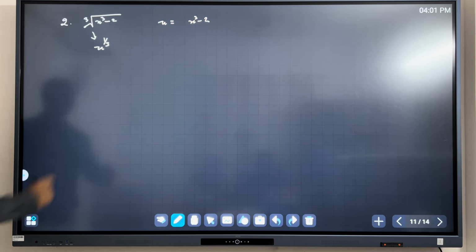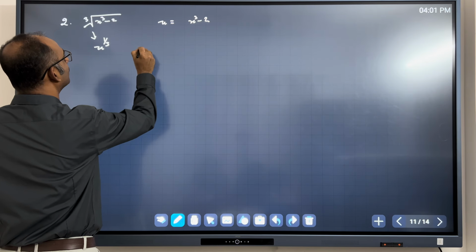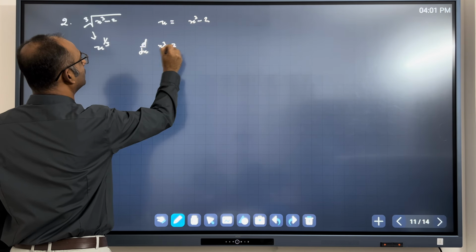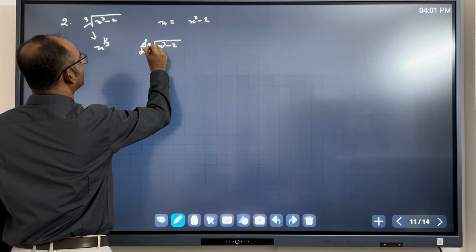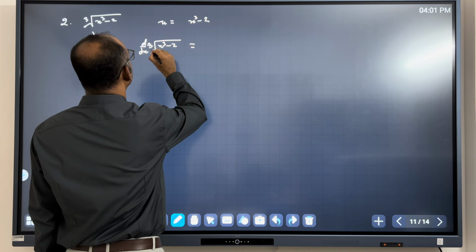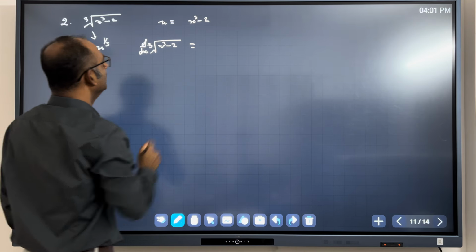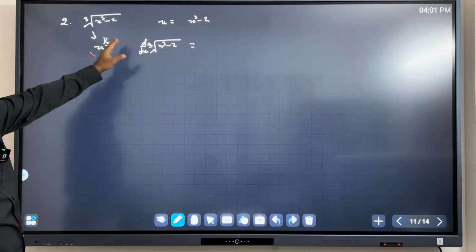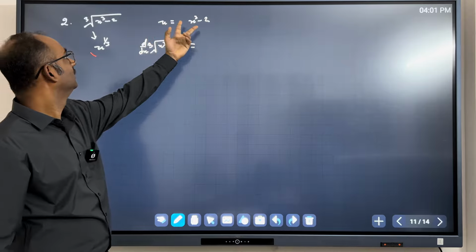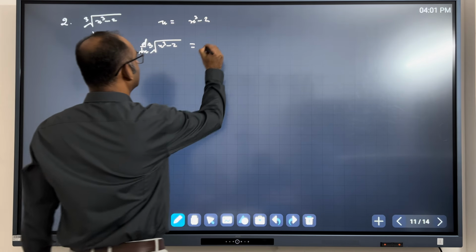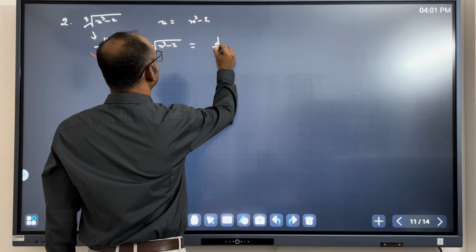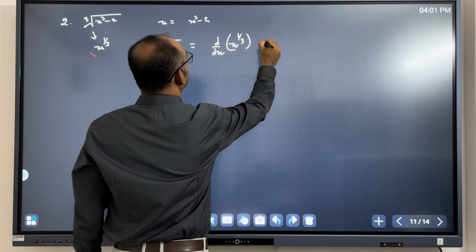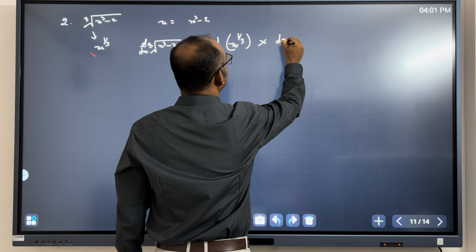Correct? So when I differentiate this, this is a cube root. So first I differentiate this with respect to u, and then I differentiate u with respect to x, right? So it is d over du of u to the power 1 over 3 times du over dx.